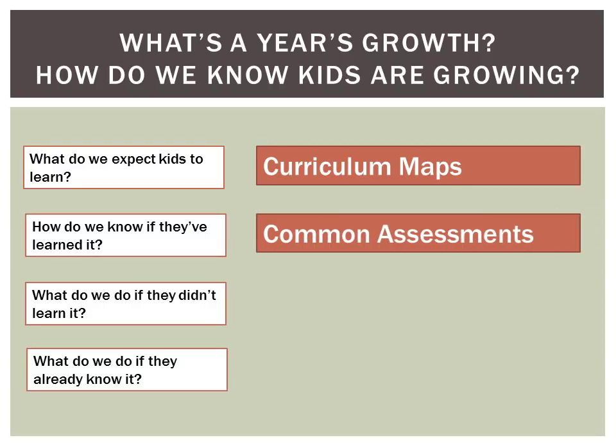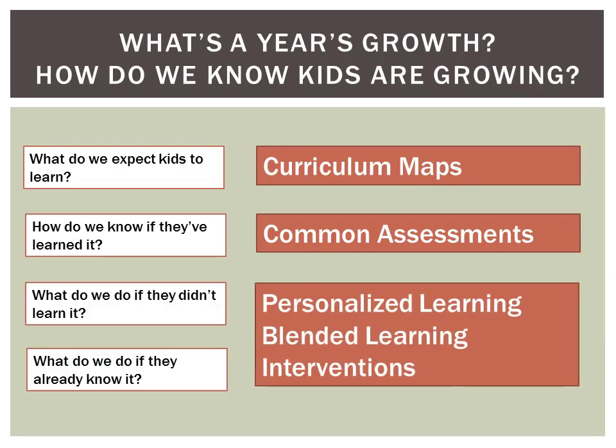We use the data from these assessments as evidence that kids are either meeting or not meeting our expected year of growth. The third are found in classrooms and school-wide. We are using personalized and blended learning techniques in the classroom, along with school-wide interventions and enrichment to help the kids that didn't learn it or that already know it.